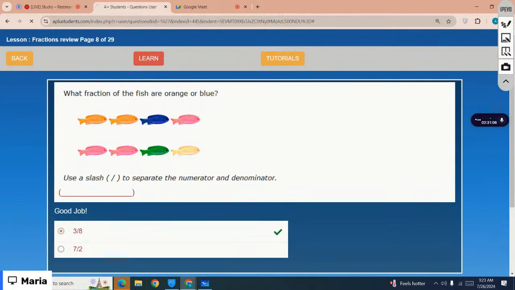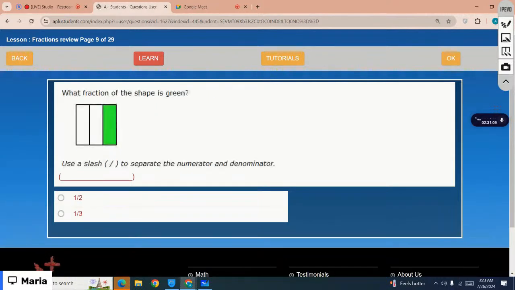Okay, the next one is: what fraction of the shape is green?